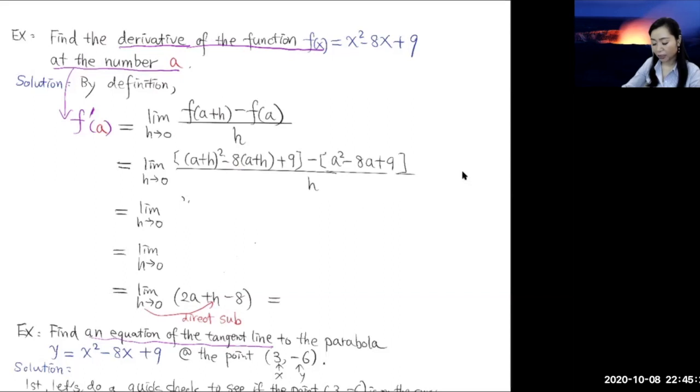Substitute A into x over here, and we get this. Now divide by h.